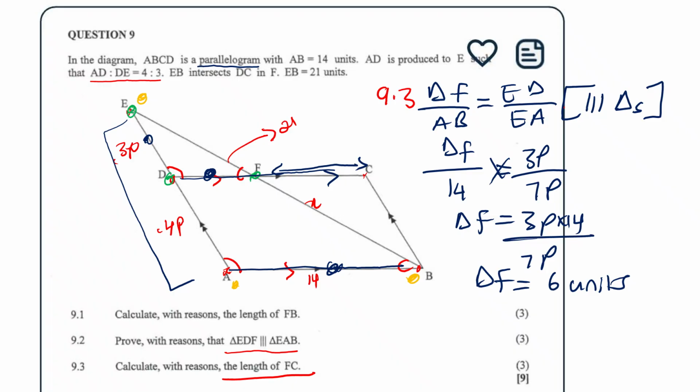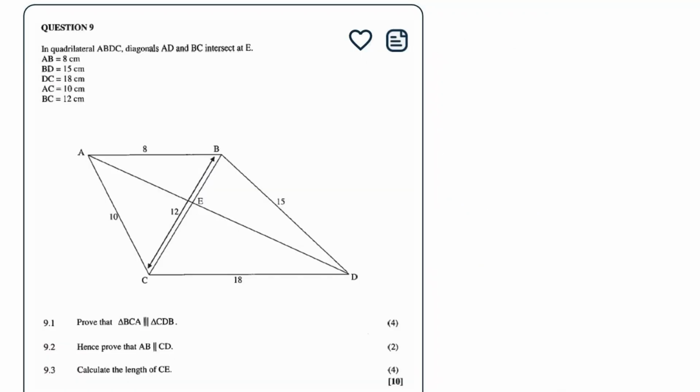Therefore FC is equal to 14 minus 6, which is 8 units, because we have already found DF, which is 6 units. Very good. So let's go to the following question.